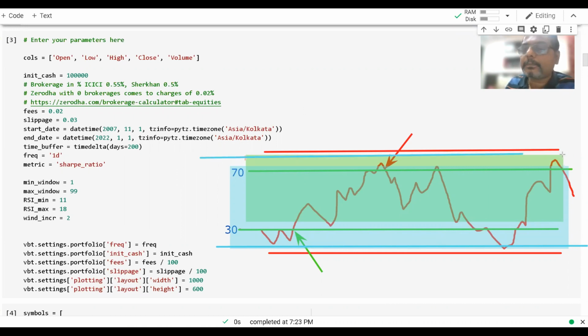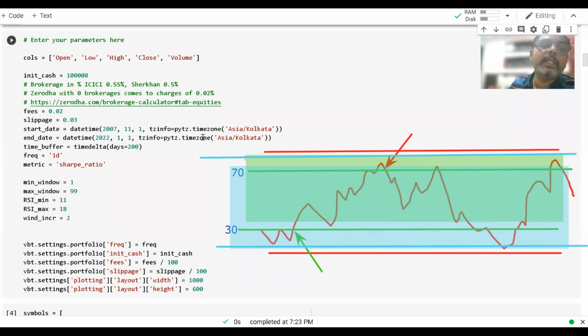Then we are going to be evaluating the performance, and then 1 will become 2, 3, 4, 5, and so we will end up testing all the different combinations of RSI and how it looks.